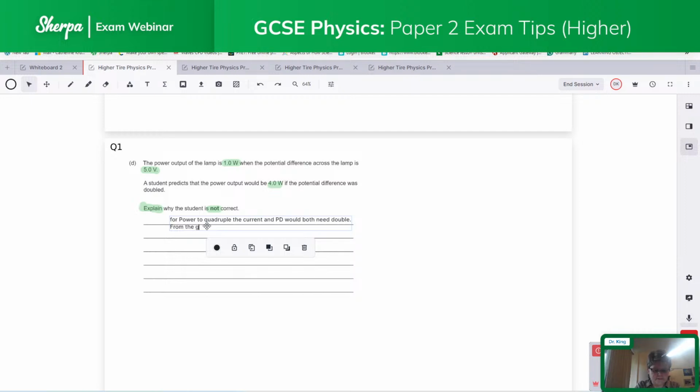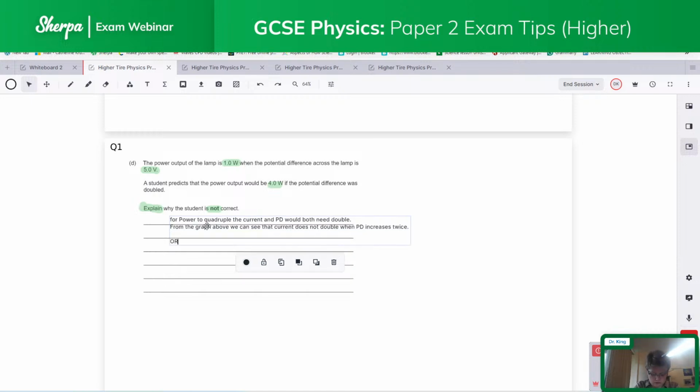From the graph above, we can see that current does not double when potential difference doubles. That's one way of explaining that.